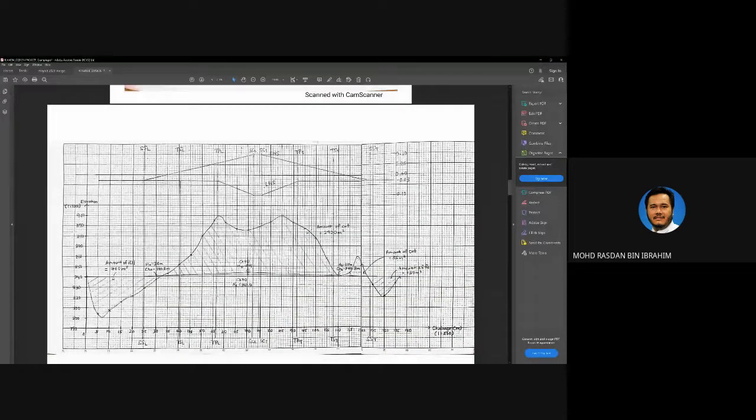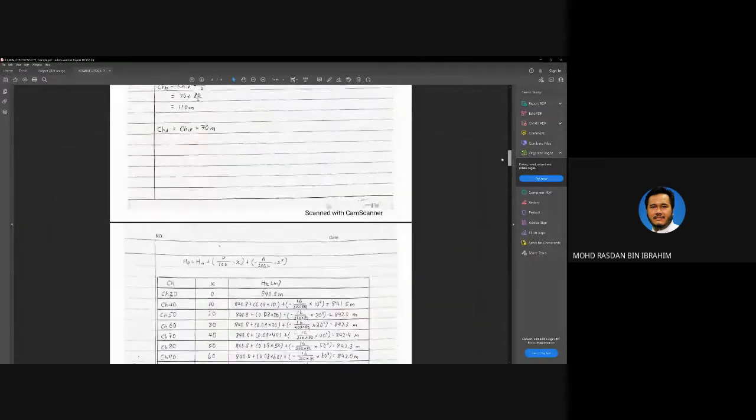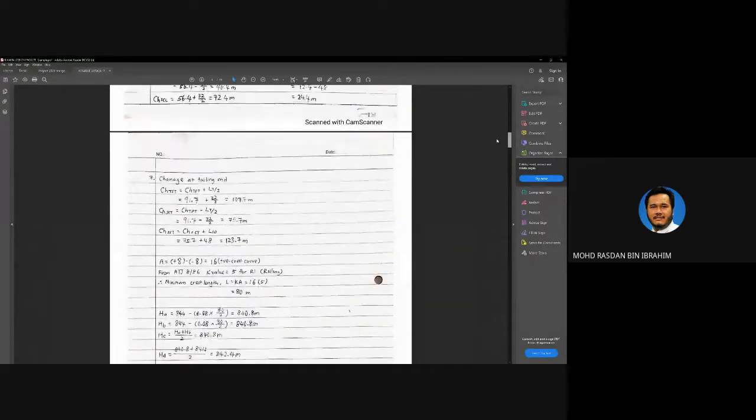You need to compare between the 2 options that you have, and then you choose one. You choose one, and then for the calculation part here, you only calculate for one design.